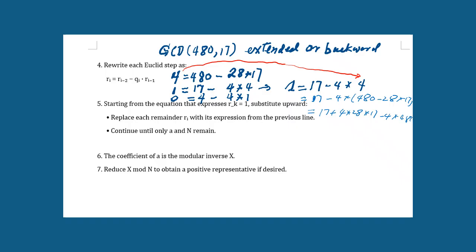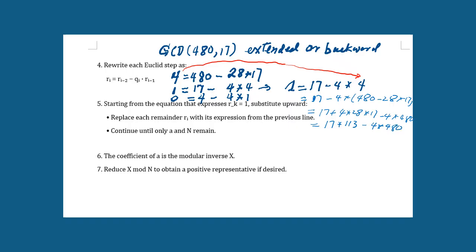And then you work out 4 times 28 as 112. And then put together it is just 17 times 113, minus 4 times 480.